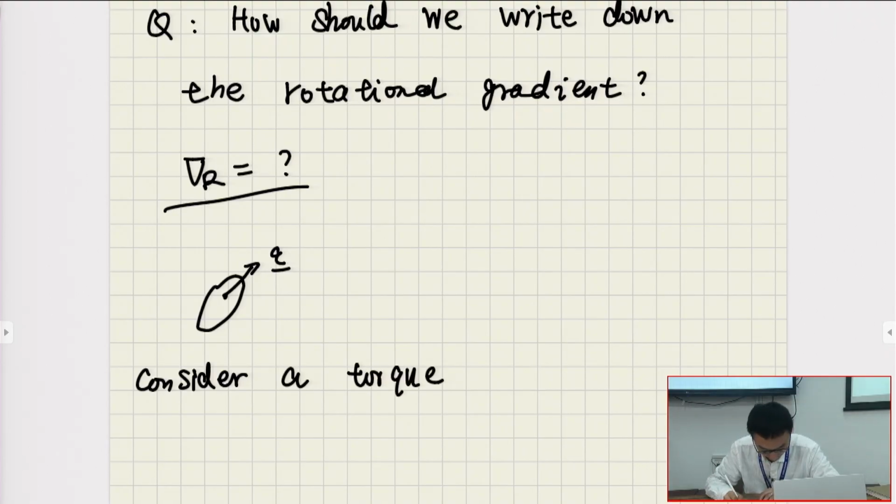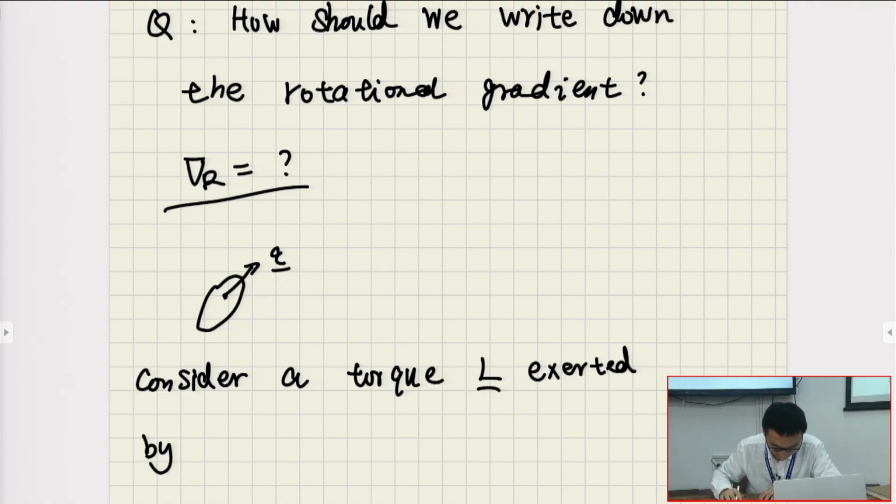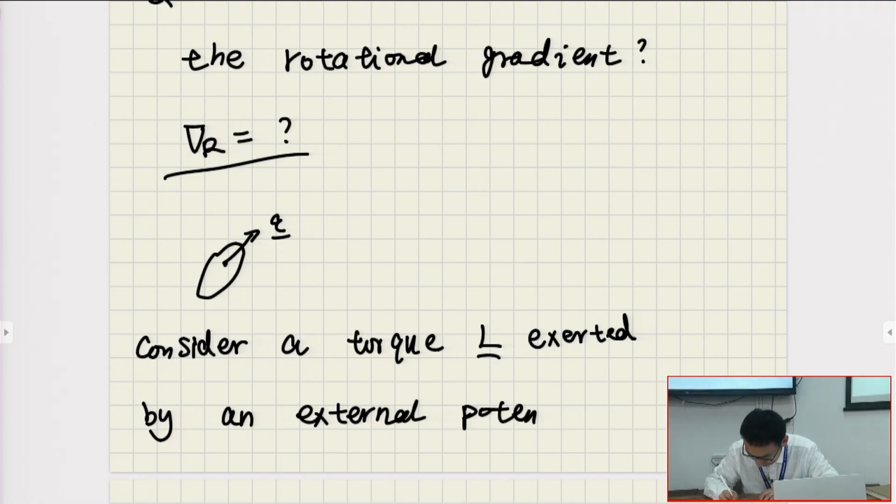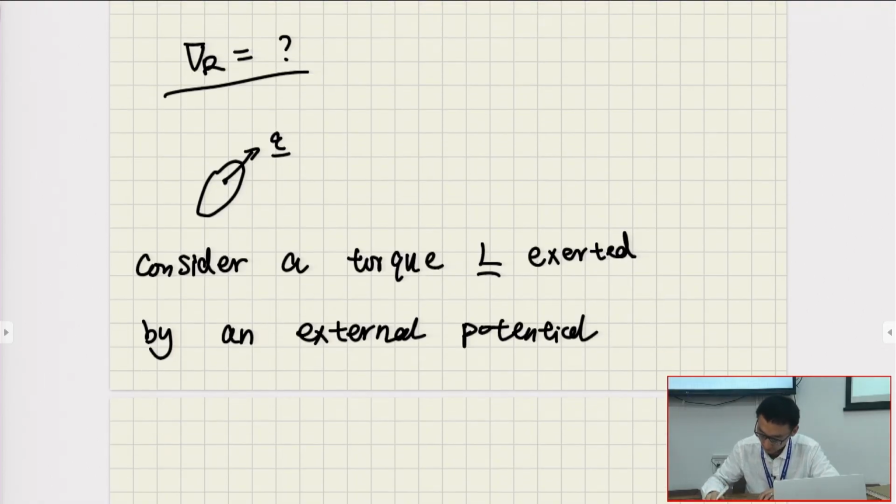I'm going to call that an external torque, L, that's exerted by an external potential. Say, let's call that V. So this potential is only in the orientation space. So that's a function of Q. So we can consider a small rotation of the particle configuration.